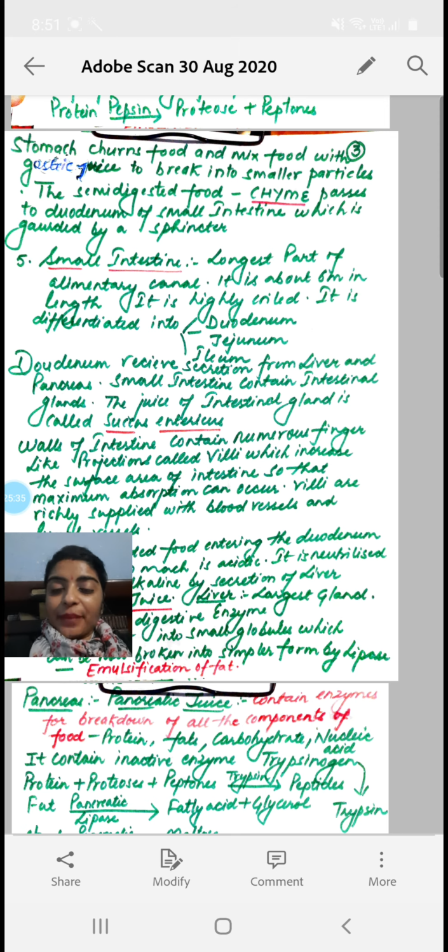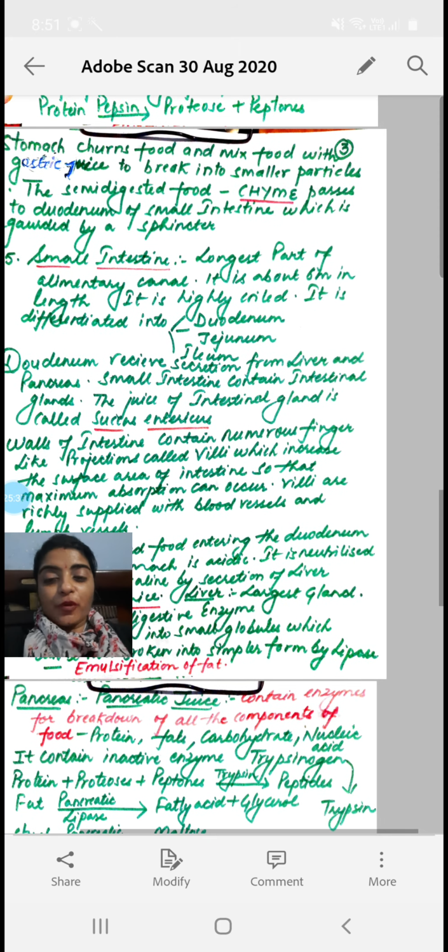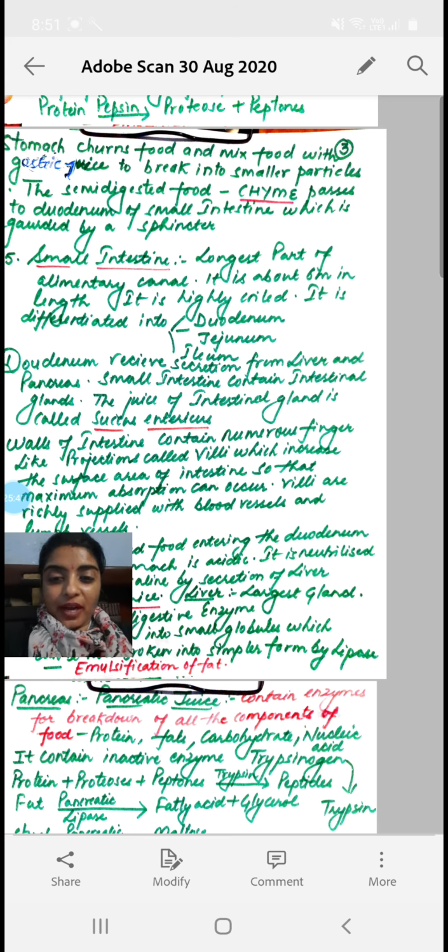So the semi digested food that passes from the stomach to the small intestine is called chyme. So again the definition is important: what is chyme? Chyme is the semi digested food. Semi means halfly digested, partially digested food. Okay, now this chyme passes from the stomach to the duodenum.